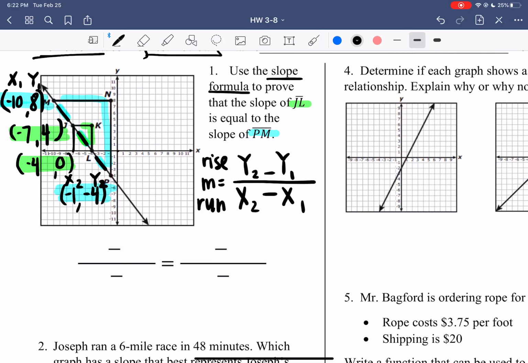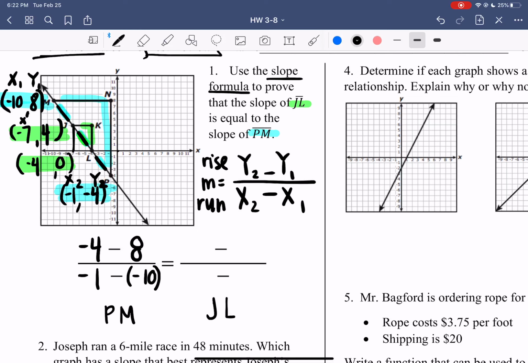When I plug into my formula for PM, I'll have y2, which is -4, minus y1, which is 8, over x2, which is -1, minus x1, which is -10. And then this will be for JL.